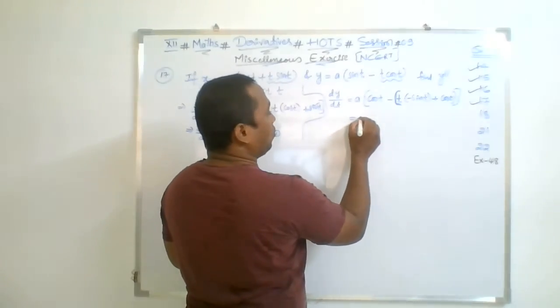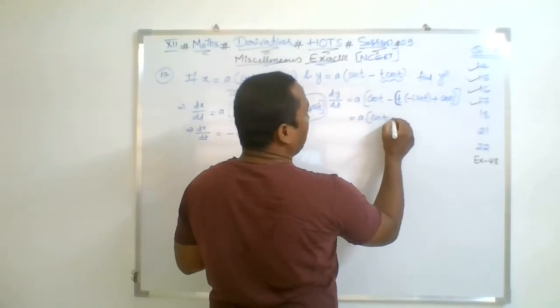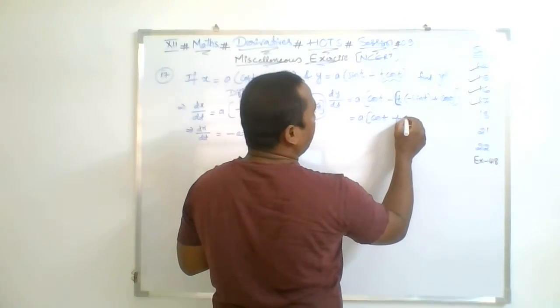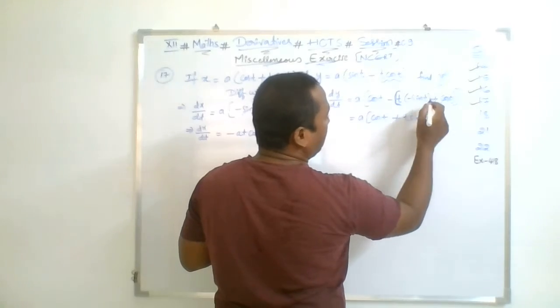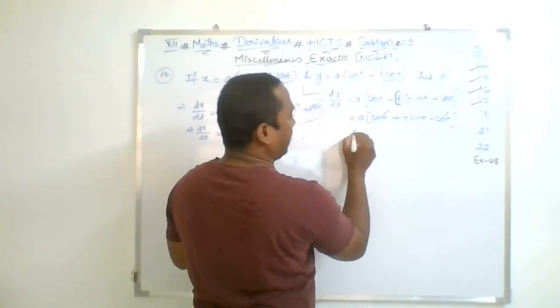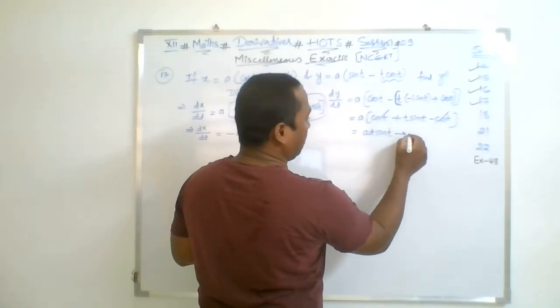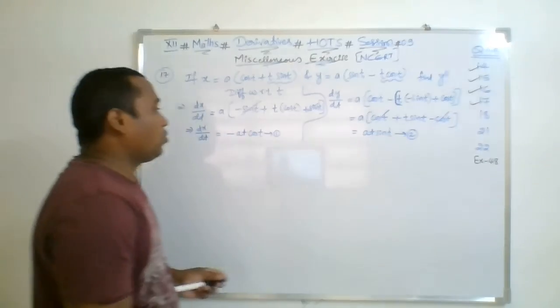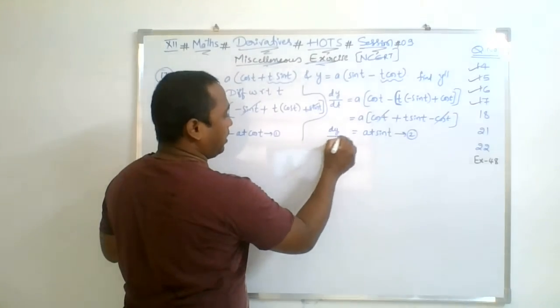That's it. Now just multiply inside: minus into minus plus t sin t minus cos t. Plus t cos t get cancelled, a t sin t. Result number 2. So this is dx by dt and this is dy by dt.